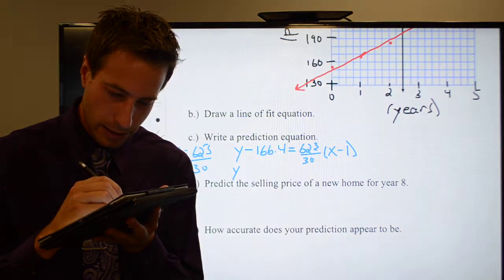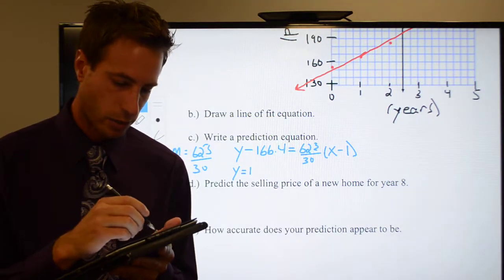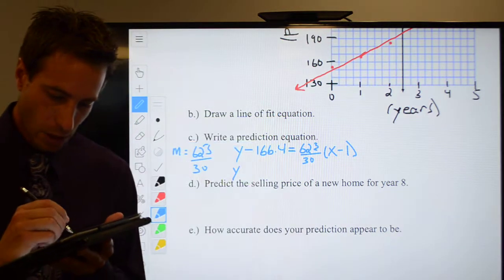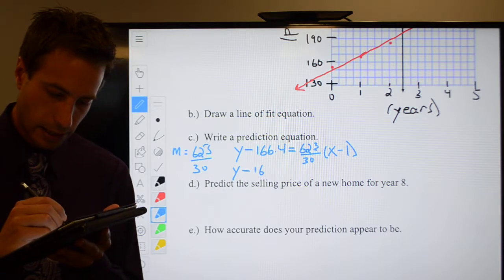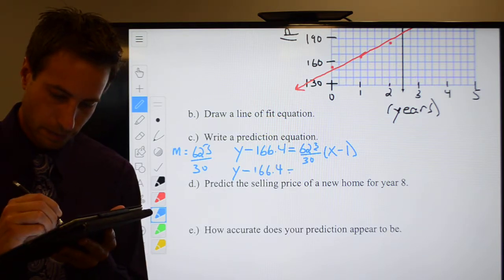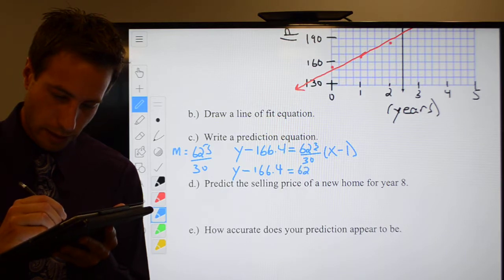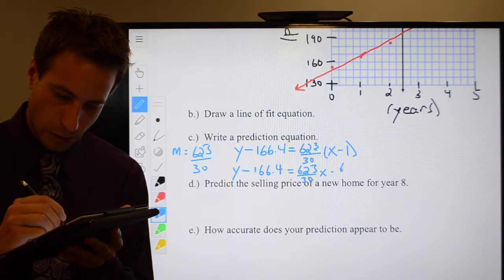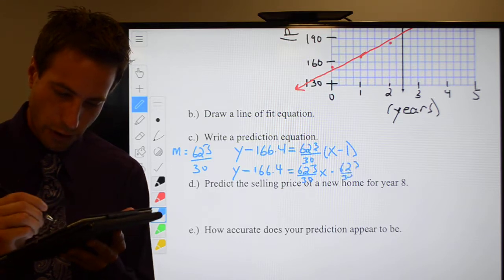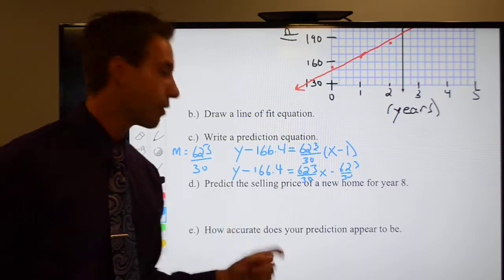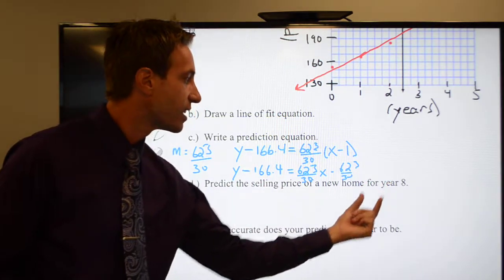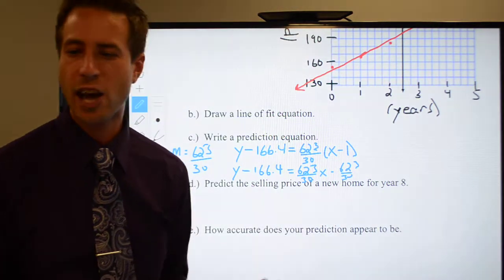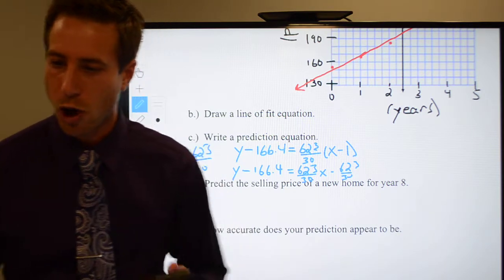So y minus 166.4 equals 623 over 30x minus 623 over 30. All right, we'll add the 166.4 to the other side, so we'll have 623 over 30 plus 166.4. Again, your calculator will do all of that for you.